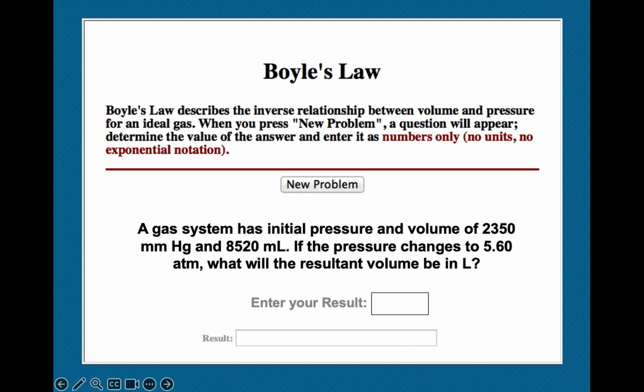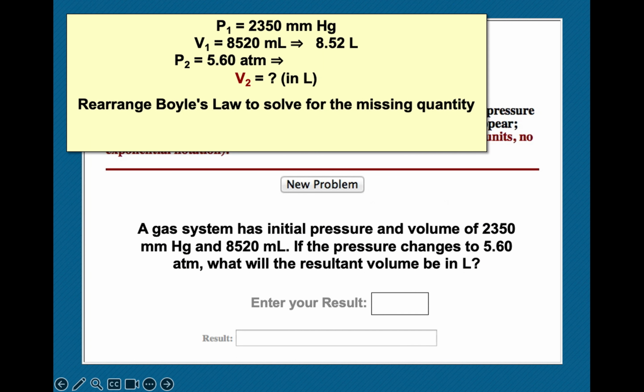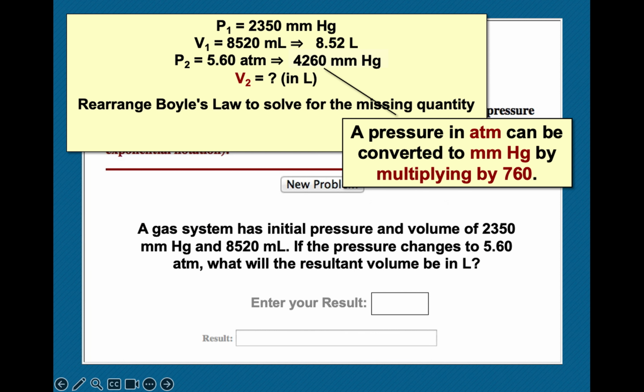All right, we know P1 in millimeters. P2 is given in atmospheres. Remember, 1 atmosphere is 760 millimeters. So I'm going to multiply this by 760 to get P2 in terms of millimeters.